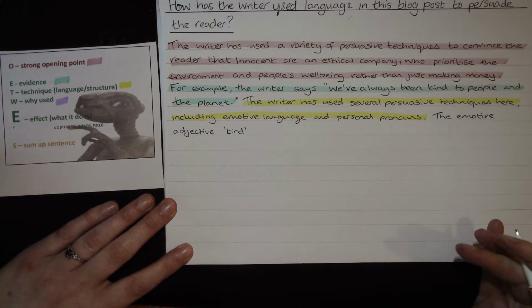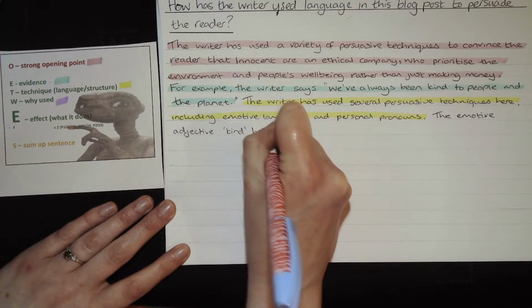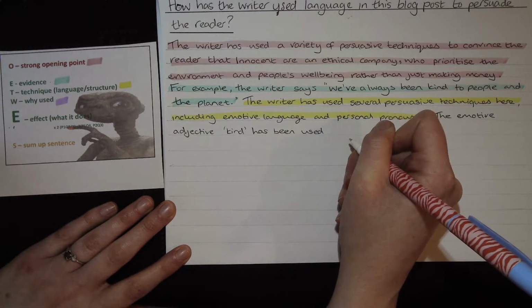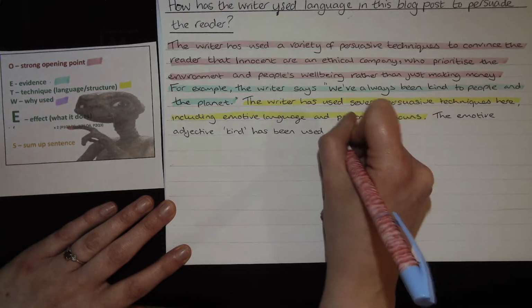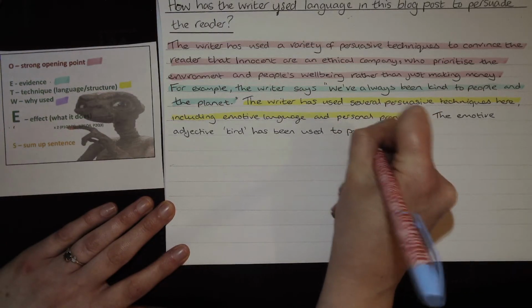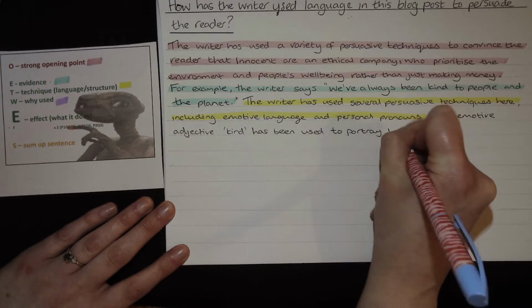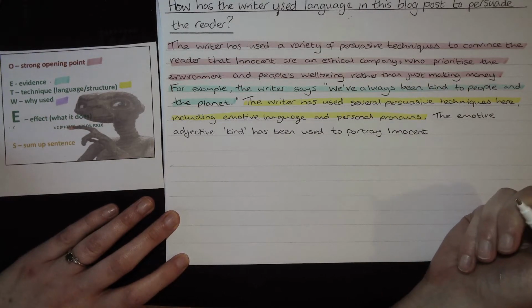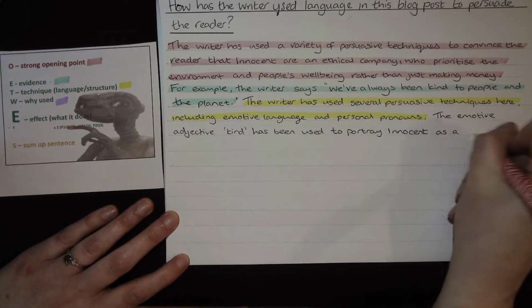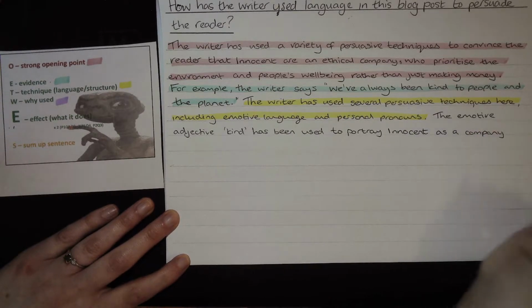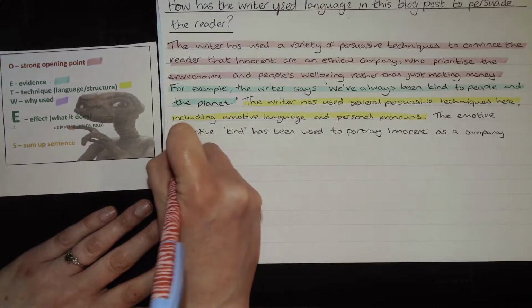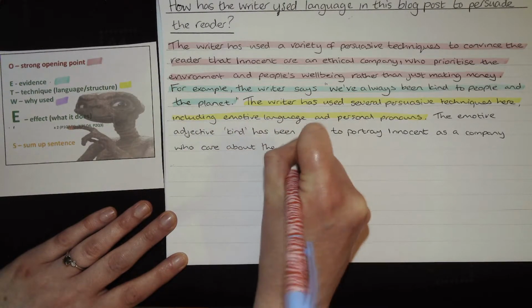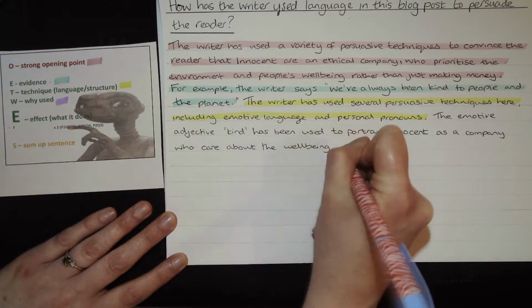So I'm going to say it has been used to portray innocence, and that word portray, that just means show, to portray innocence as a company who care about the well-being of others.